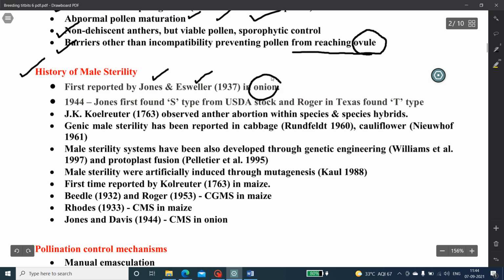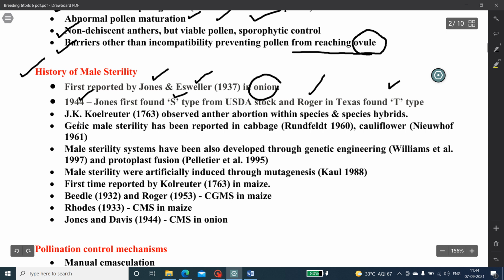In 1944, Jones first found S type cytoplasm from USDA stock, and the scientist Rogers found T type cytoplasm that will give male sterility.